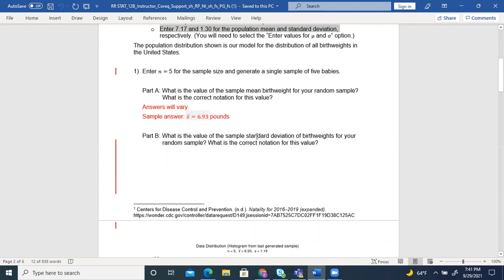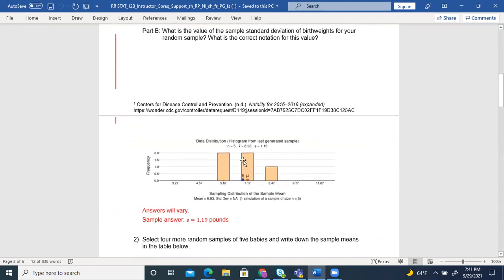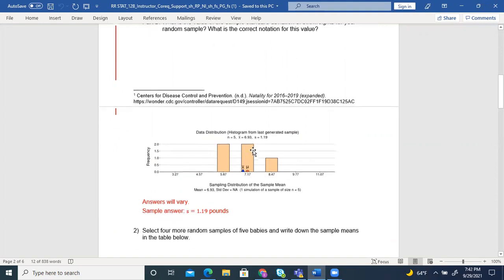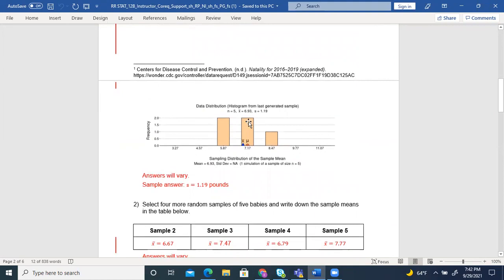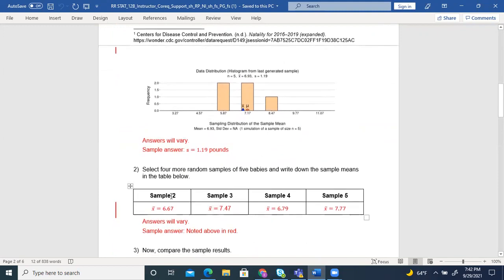Every time we talk about the sample standard deviation, we represent it with S. And as you see, on the top each time you have a sample, you will have the X bar and S for this sample. For this sample, I have S equal to 1.19 pounds. And I have different samples.